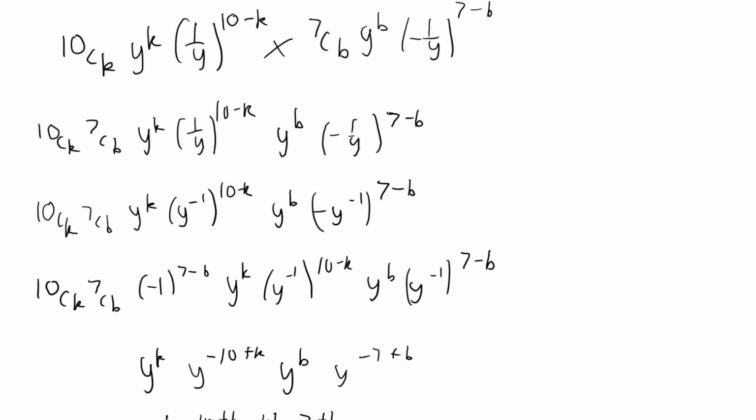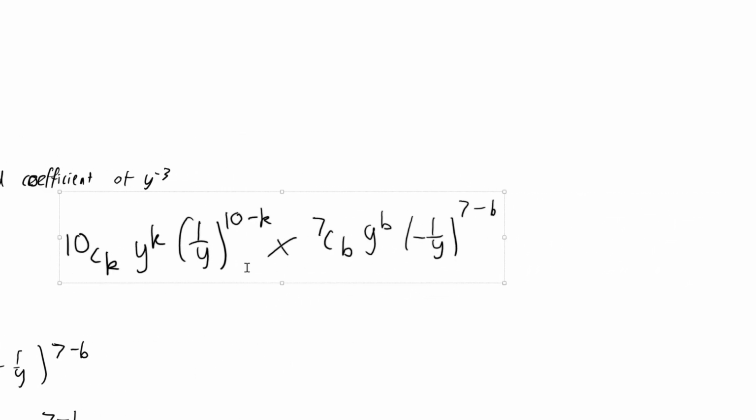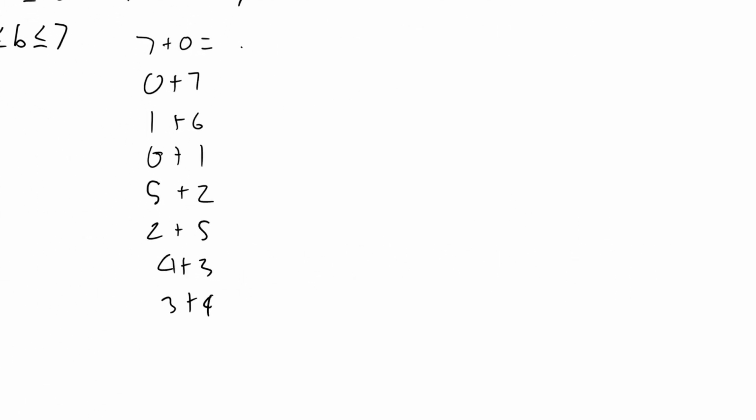So we're going to get our original equation here. Where was it? We'll take this one here, and then we'll just move it over here, and we're going to take a random k and b value.